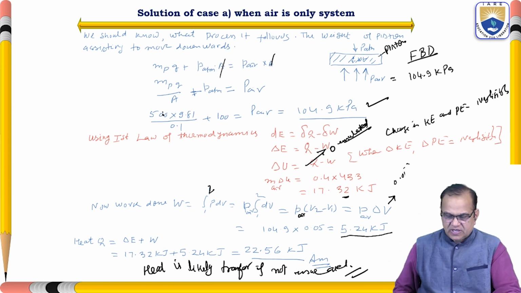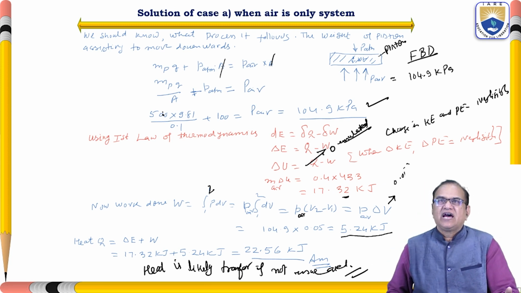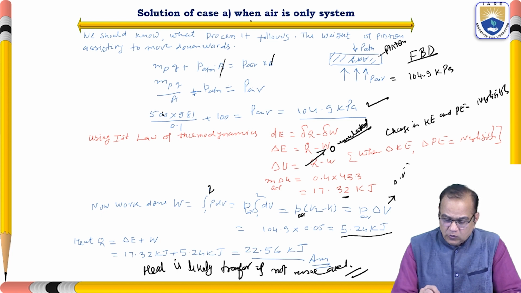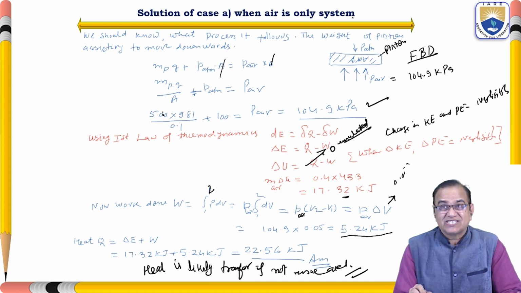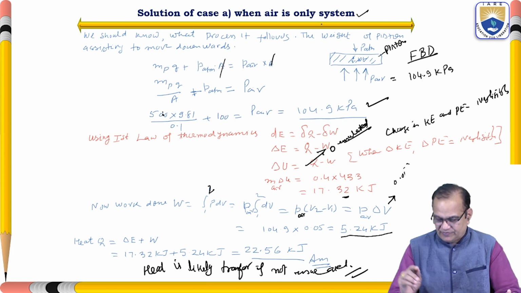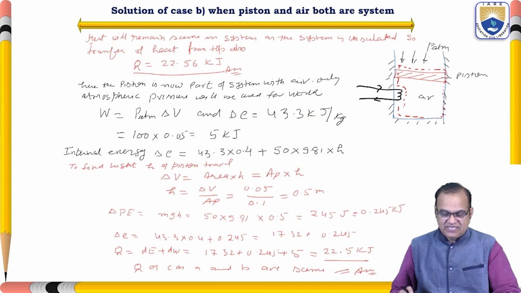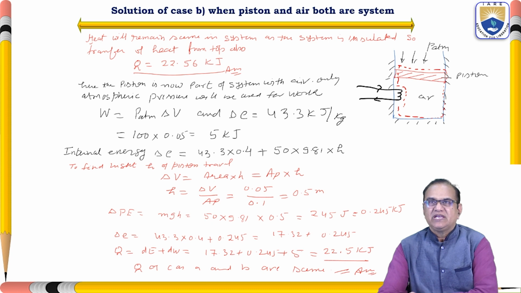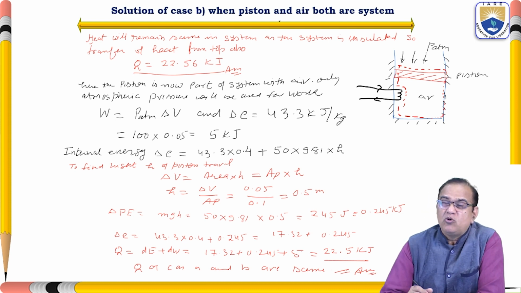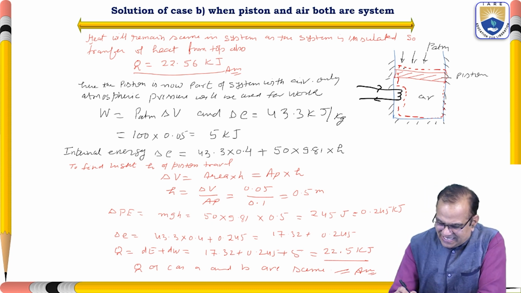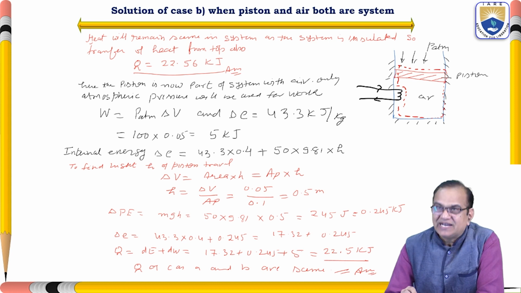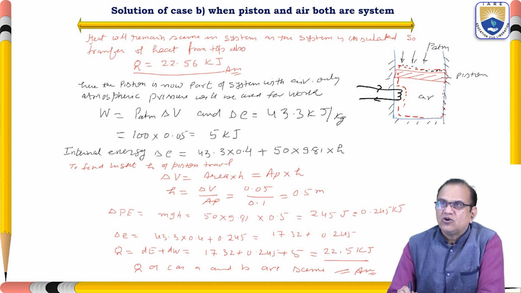Okay, so this is the first case, when air is only the system. Now we will take the next case, solution of B, when piston and air both are the system. Now you can see here that the system now covers the piston also.